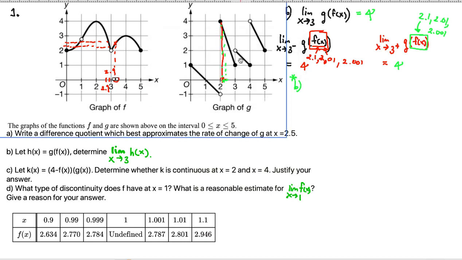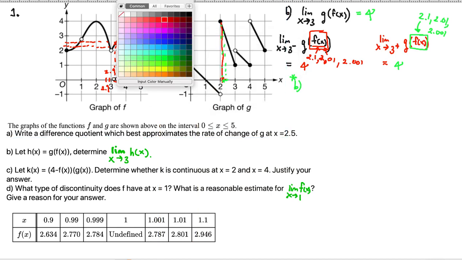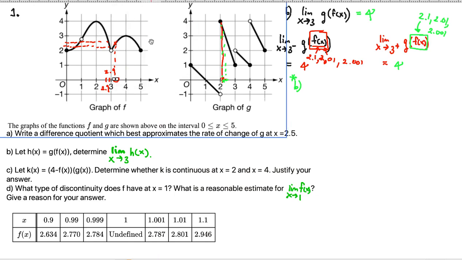Okay, so I'm going to change the way F looks slightly and see how that changes our answer. So let's say now F is the blue line. Let's say F looks like this now. So this is F. Forget about the black part.